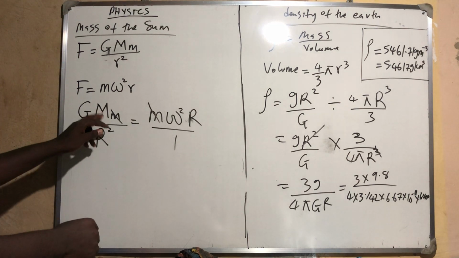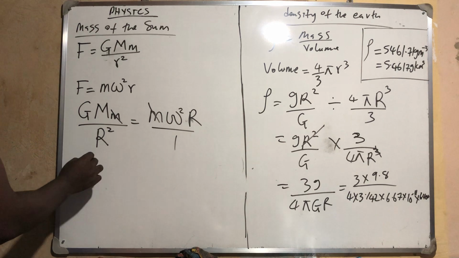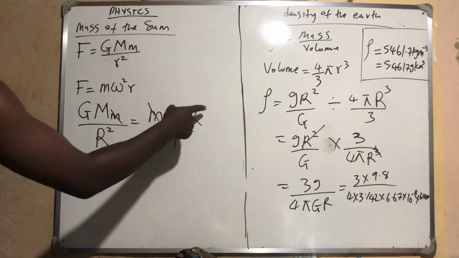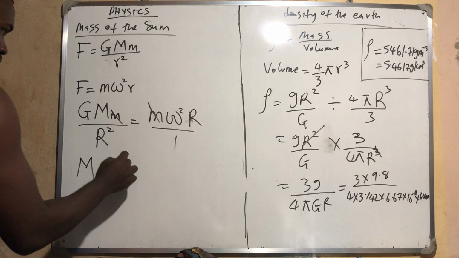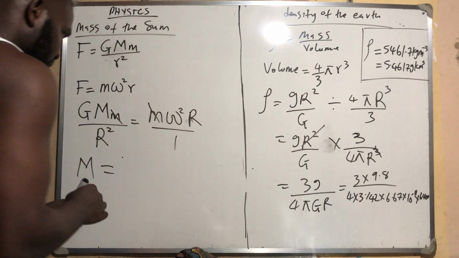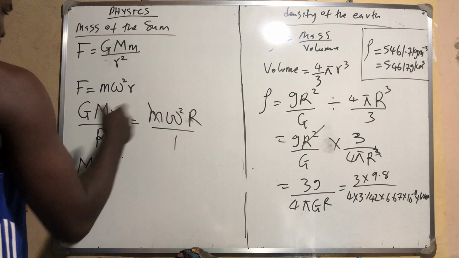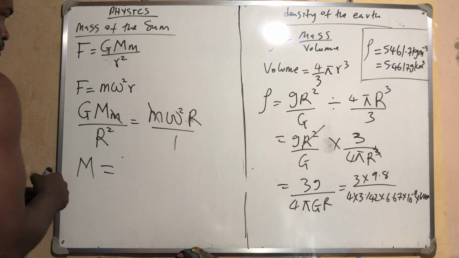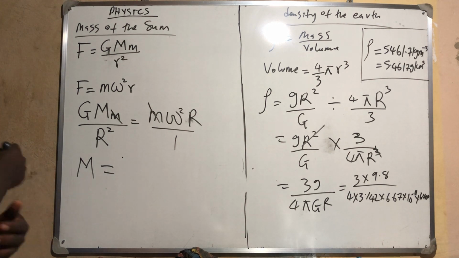So if I want to make M, the mass of the sun, the subject, don't forget that we know the value of omega: omega is 2 pi over period.